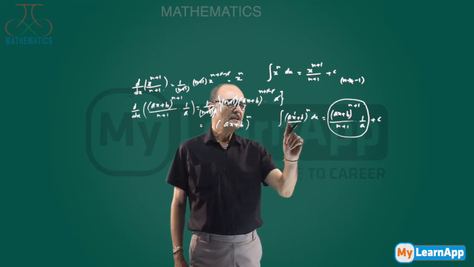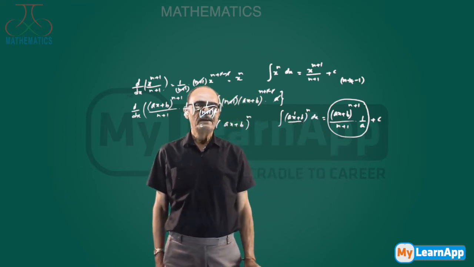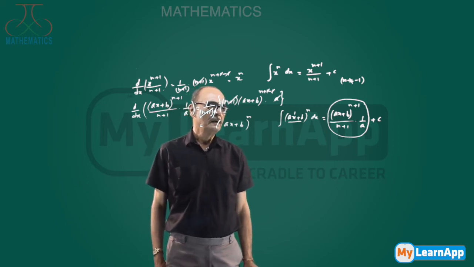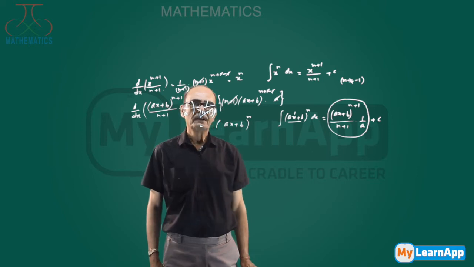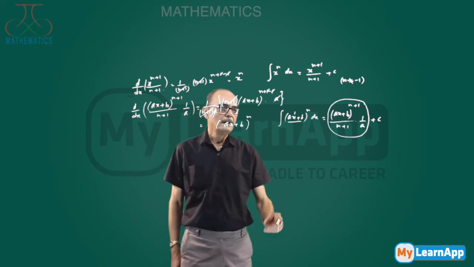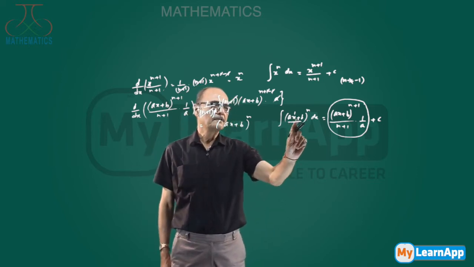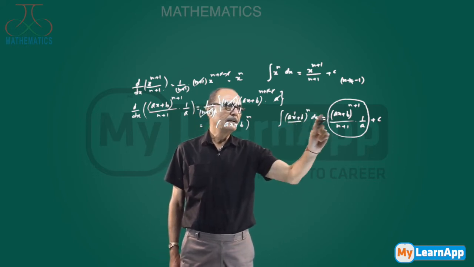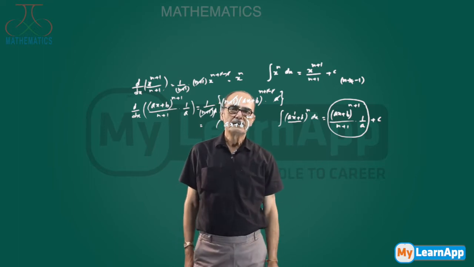For instance, if instead of x we have x square here, we cannot apply this formula. I will again repeat it: if the linear function ax plus b has power of x as 1, then and there we can apply this result.